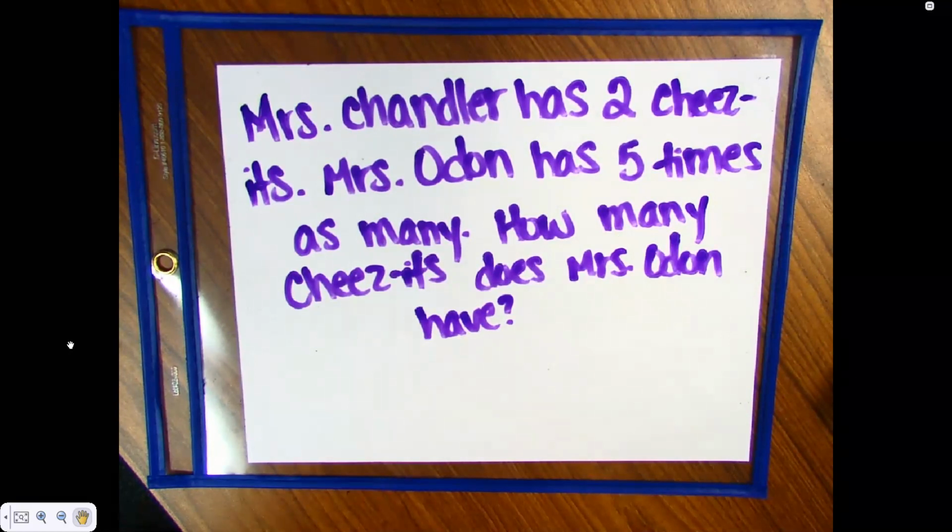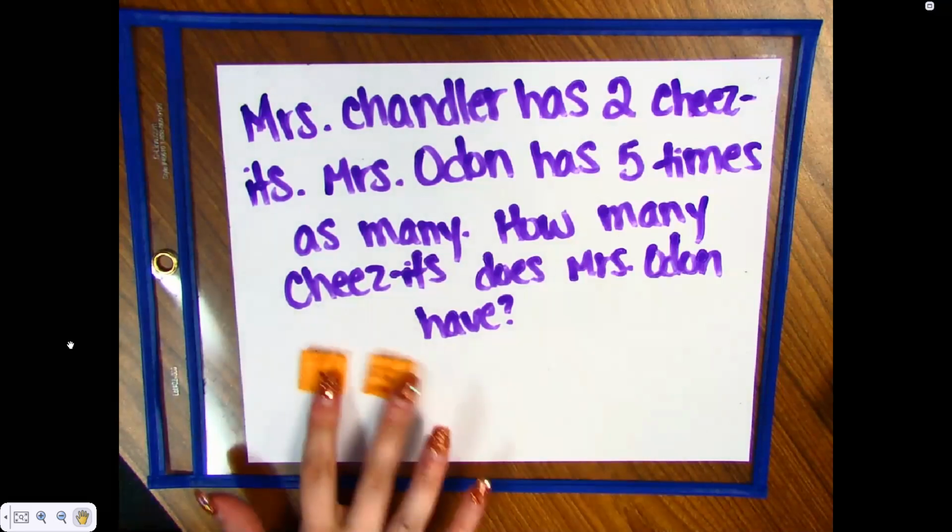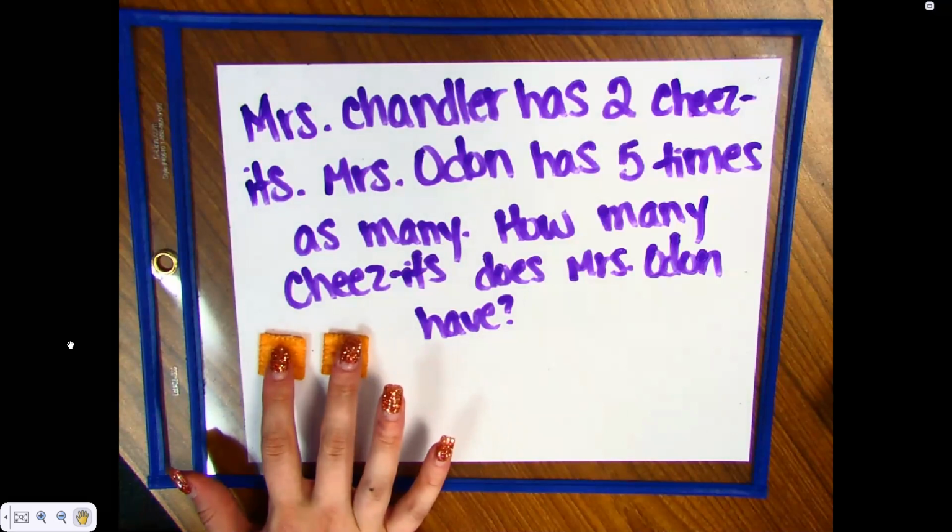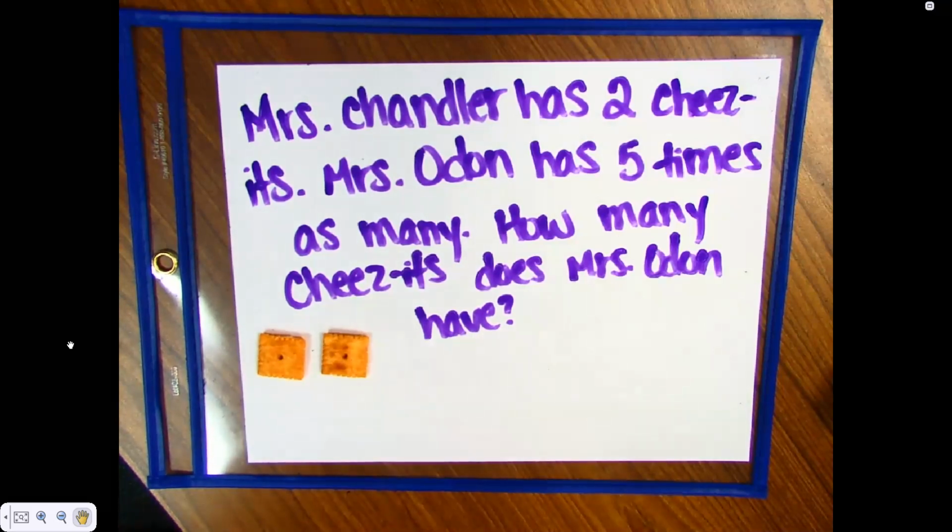So I have 2 Cheez-Its. Miss O'Dawn has 5 times as many. So if I have 2, if she has 5 times as many, hold on, don't unmute and tell me the answer. I don't want to know yet. Camila, I just said, don't unmute. It keeps unmuting me. It's a glitch.